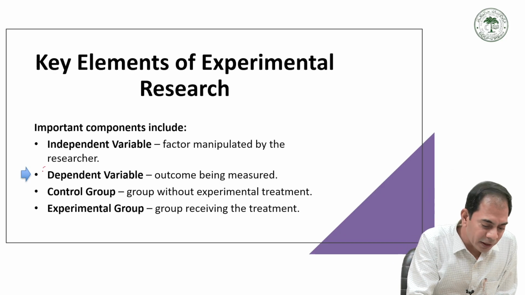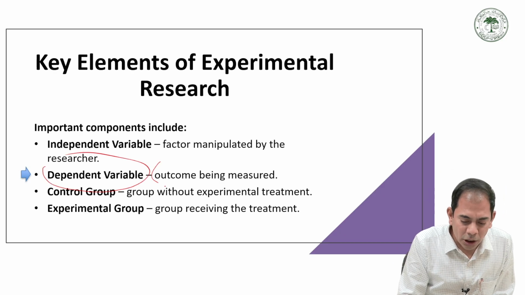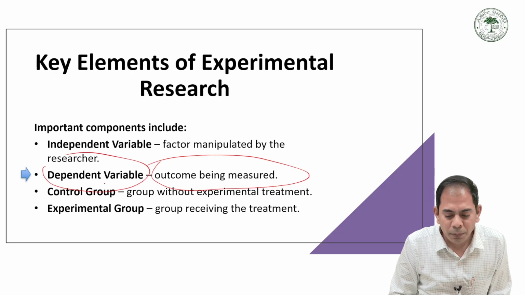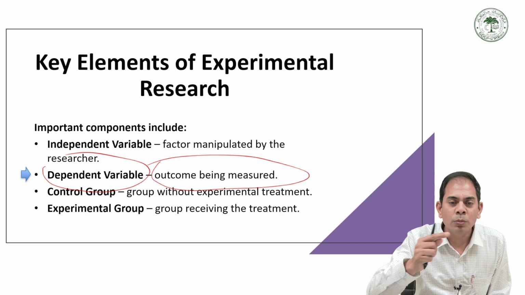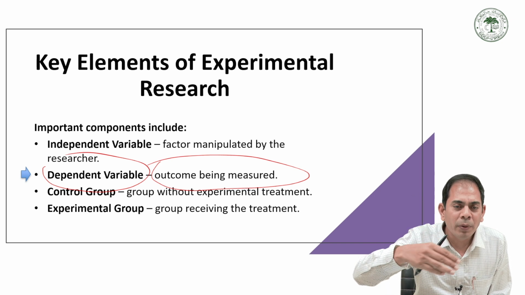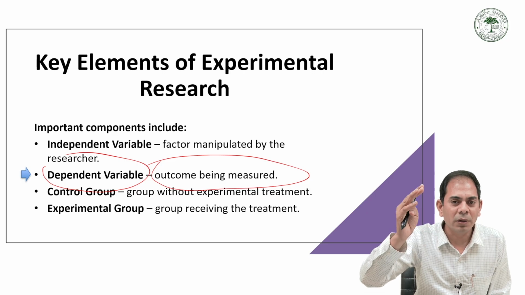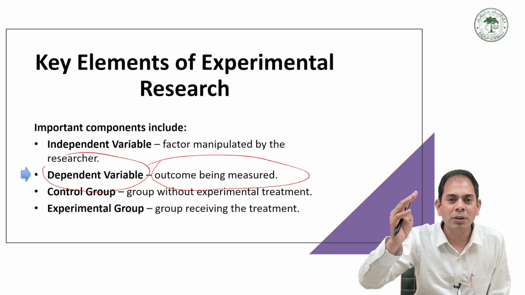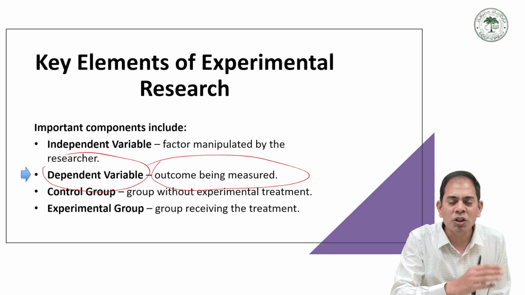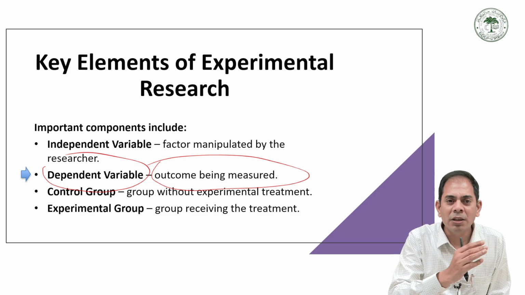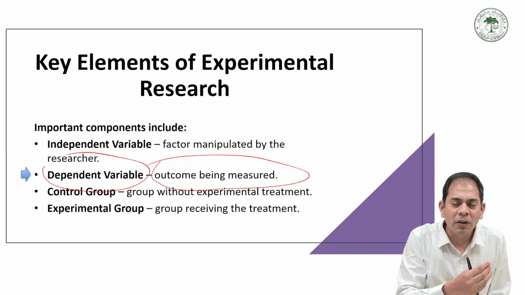Next is the dependent variable. This is also called the outcome being measured, which means the outcome variable. So the performance of the player is the output variable. That is called the dependent variable. It depends on independent variables, just like training, skill, style, height, body mass, weight, fitness.